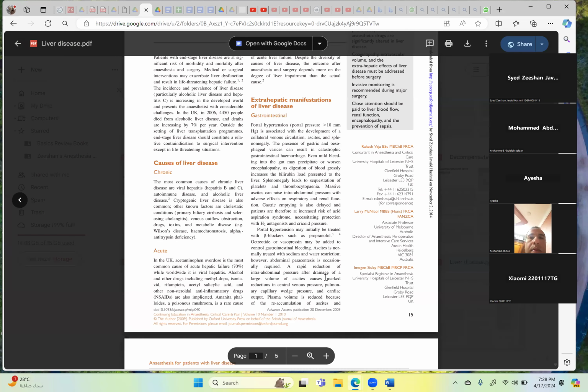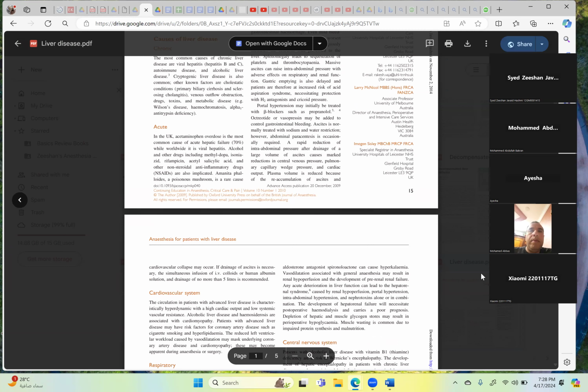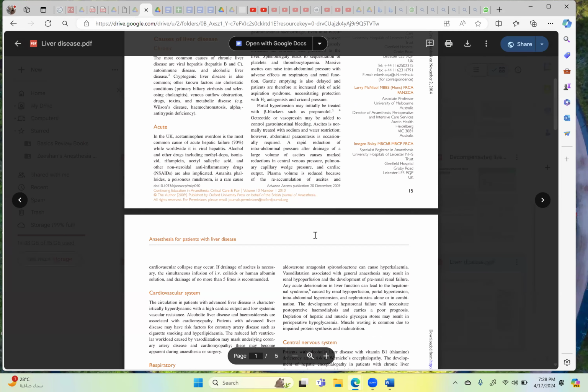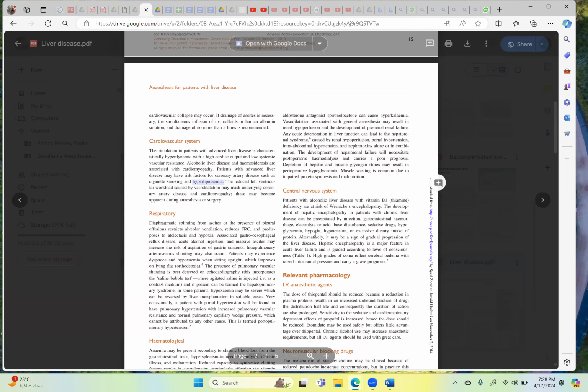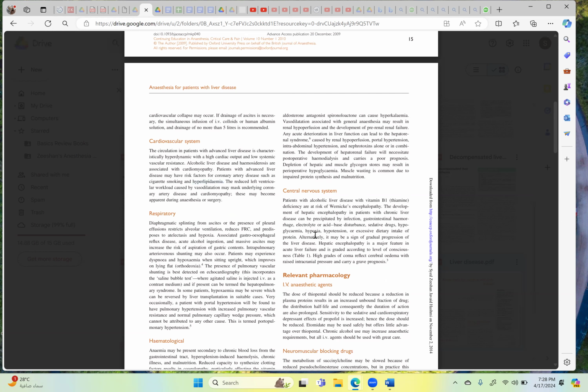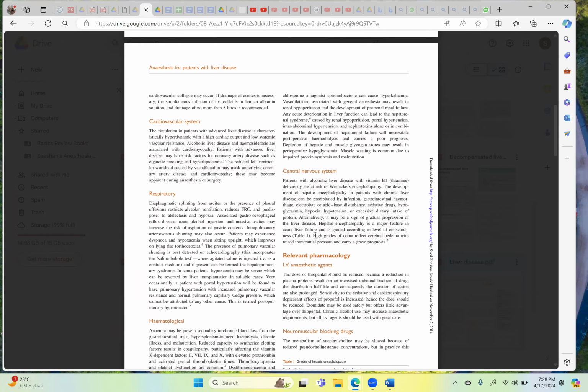As I told you, you should know the cause of liver failure, and systemic involvement. Hyperdynamic state, as I mentioned with reference to the cardiovascular system, cardiomyopathy can develop. Respiratory, there is splinting, and FRC will be reduced. Aspiration risk and pneumonias can occur.